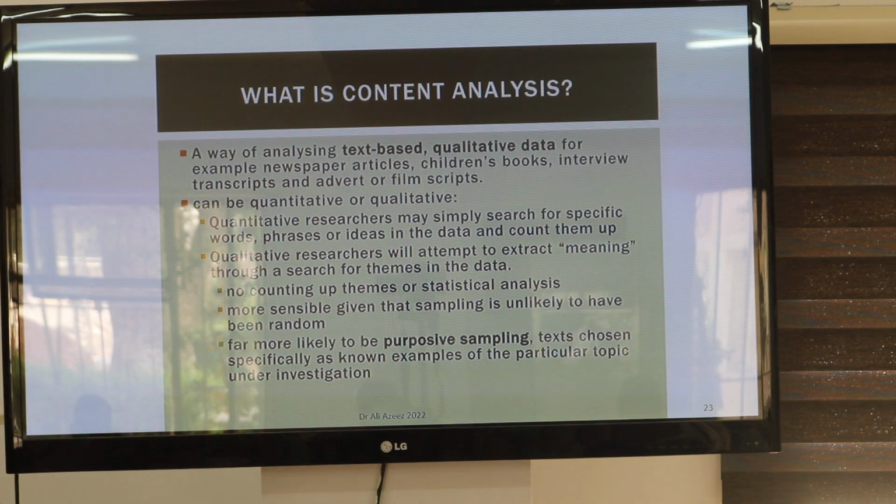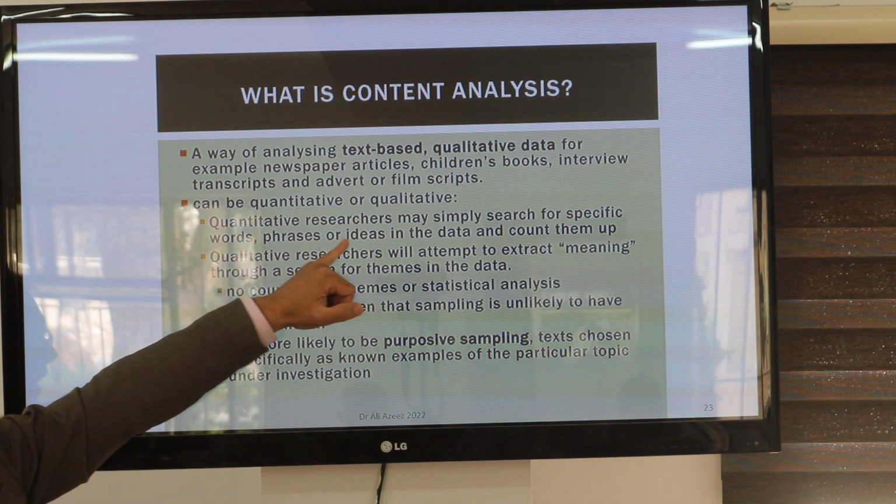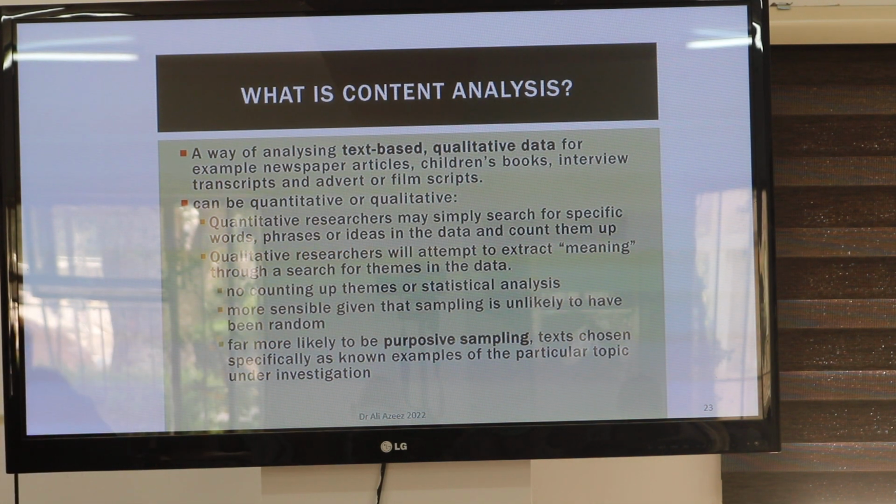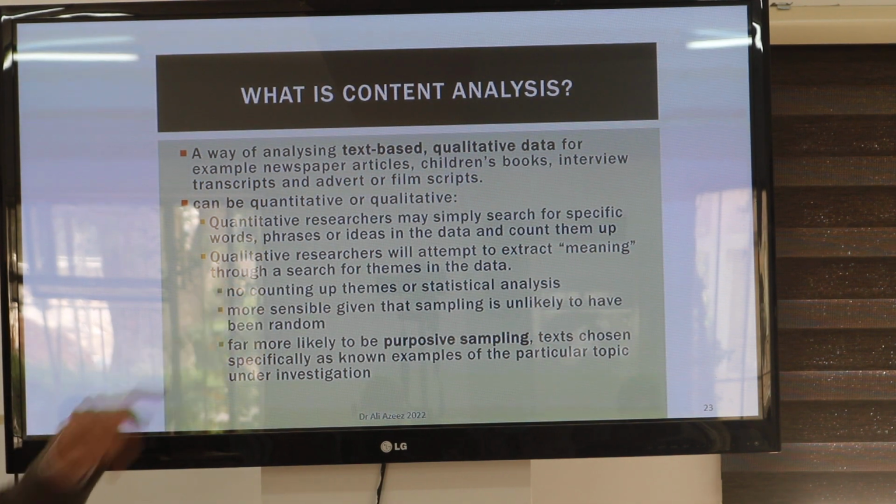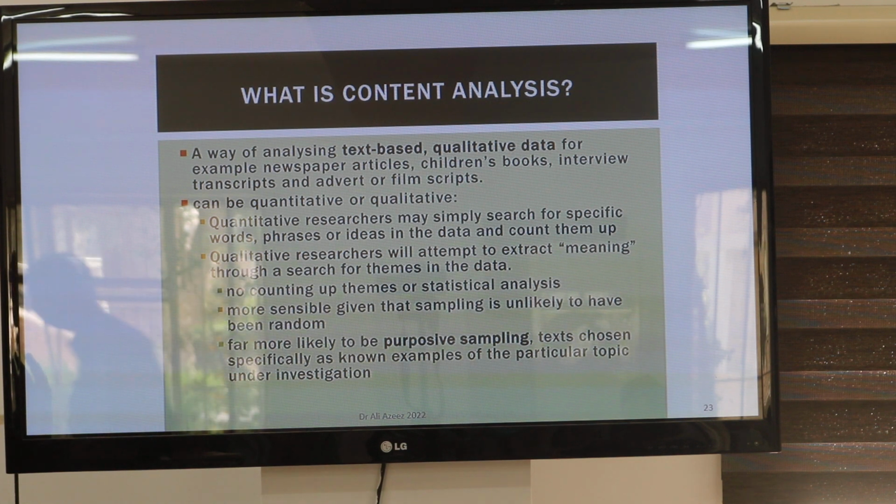In content analysis, we usually specify the number of words, phrases, ideas, the count: how many times this word was repeated, how many times this phrase was repeated. This is content analysis, while in thematic analysis, we deal with themes.